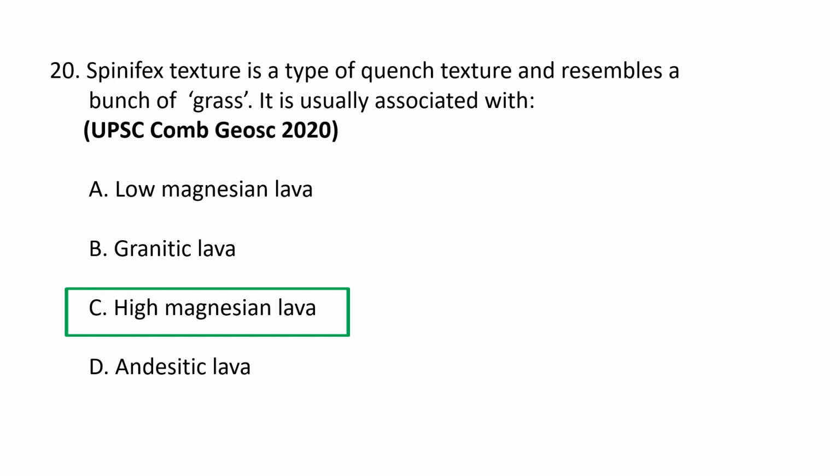Komatiite was named for its type locality along the Komati River in South Africa, and frequently it displays a spinifex texture composed of large dendritic plates of olivine and pyroxene. Magnesium oxide contents are as high as those of the spinifex textured komatiites, suggesting that spinifex texture might form only in high magnesium liquids. So C, high magnesium lava, is the correct answer.